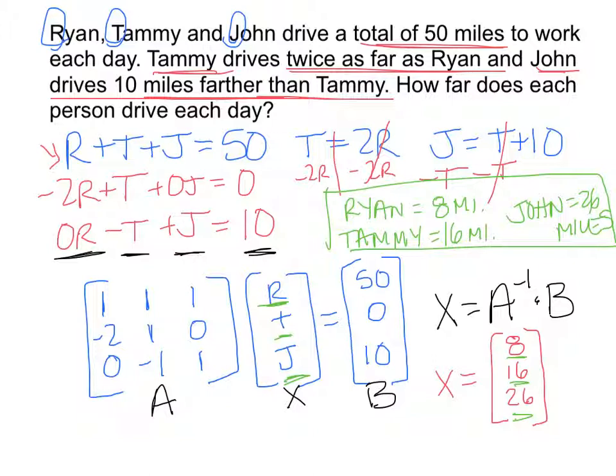So getting on to our recap, solving systems using matrices requires us to convert a system into matrices. So usually what you do is you get them into standard form so that everything is lined up. And then you end up making 3 matrices.